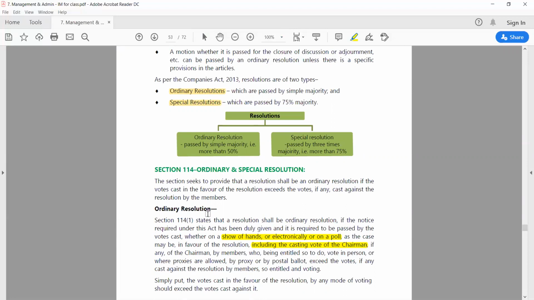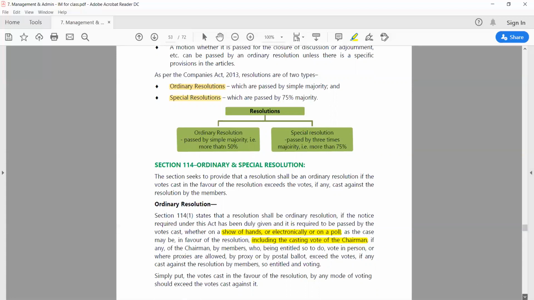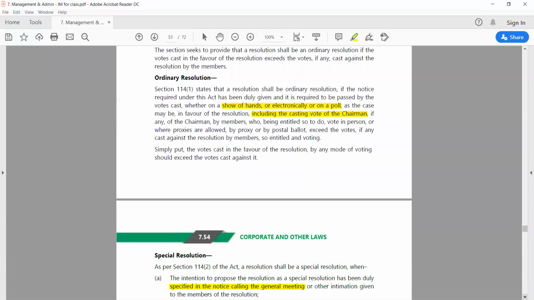Ordinary resolution: if the notice required under this Act has been duly given and it is passed by the votes cast either by show of hands or electronically or poll, or whatever it is decided by the chairman, then the votes cast in favor exceed the votes cast against it. That means if it is 10 votes against, 11 votes in favor, it is easily exceeding the votes cast against it.